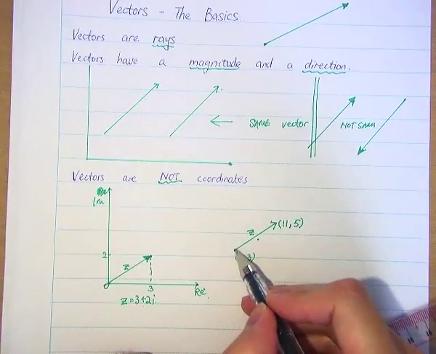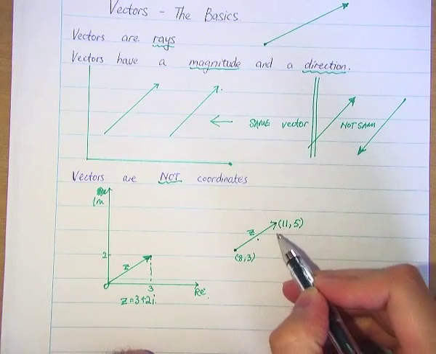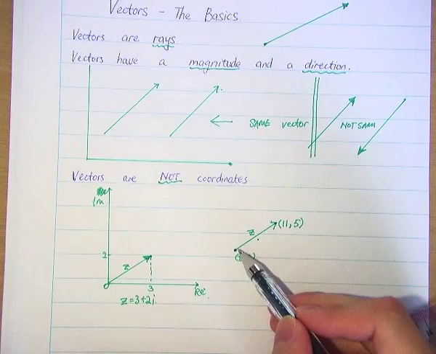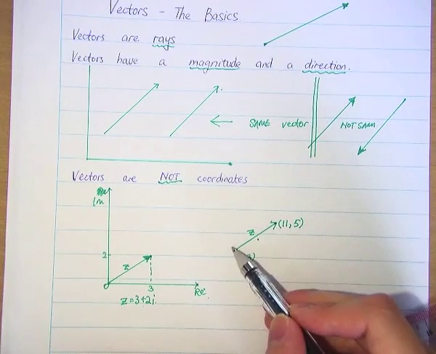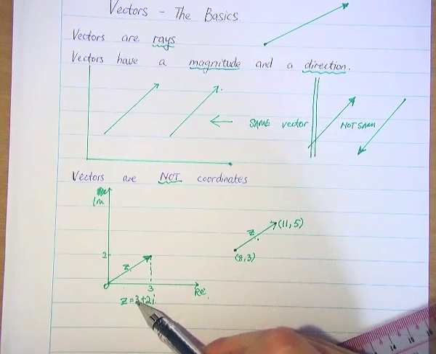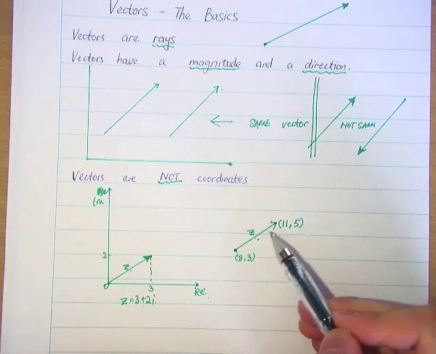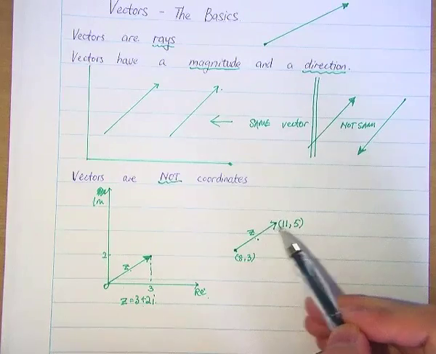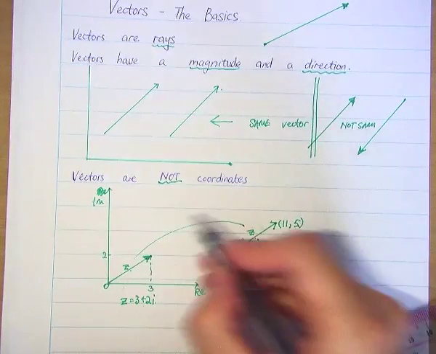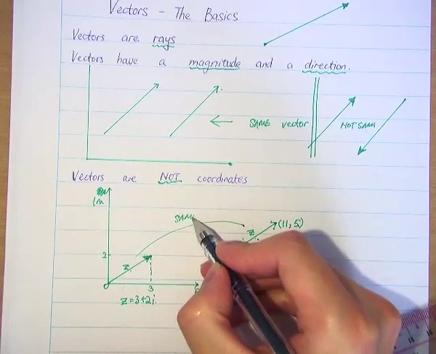So while these two coordinates might represent certain complex numbers on the Argand diagram, the vectors themselves represent something else. These two vectors are the same because they do the same thing to whichever point they started from, and leave you 3 to the right and 2 up. So these two are again the same vector.